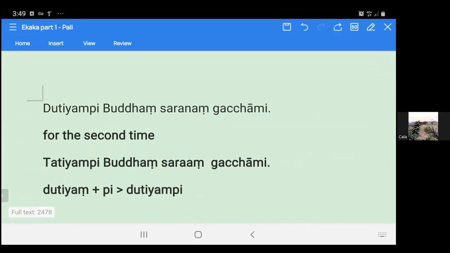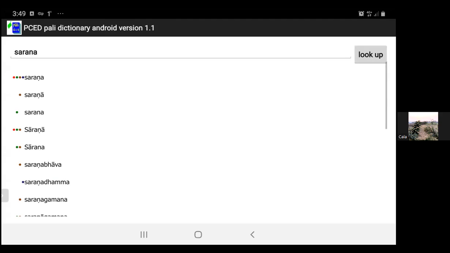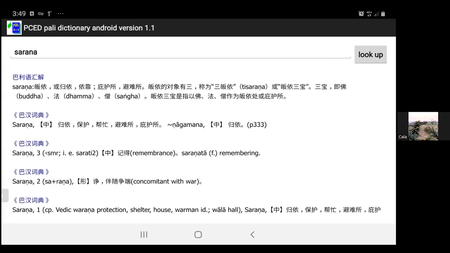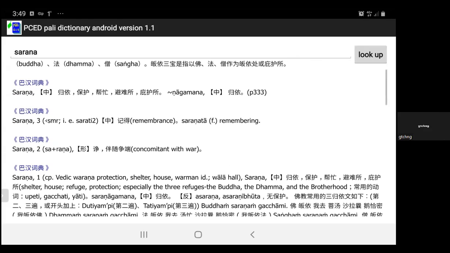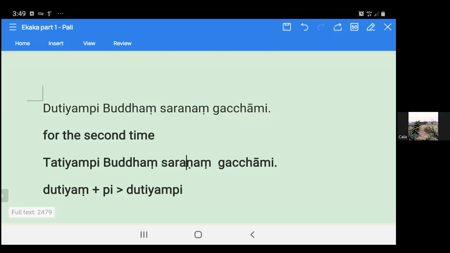It's not easy to use my keyboard. Saranam, sarana. If it's the n dot, you have to curl your tongue. But I think it's very difficult for people to curl the tongue. Sarana with the n dot. Yeah, with the n dot. So this also needs an n dot.